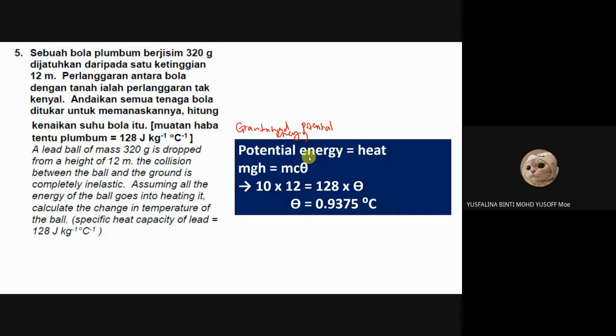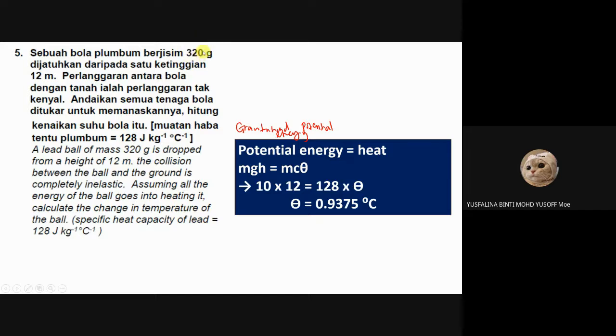Again, we just ignore. M is the mass here, so mass should be 0.32, right? Maybe because they use the same mass on both sides, they just cut it off and didn't put the mass here.